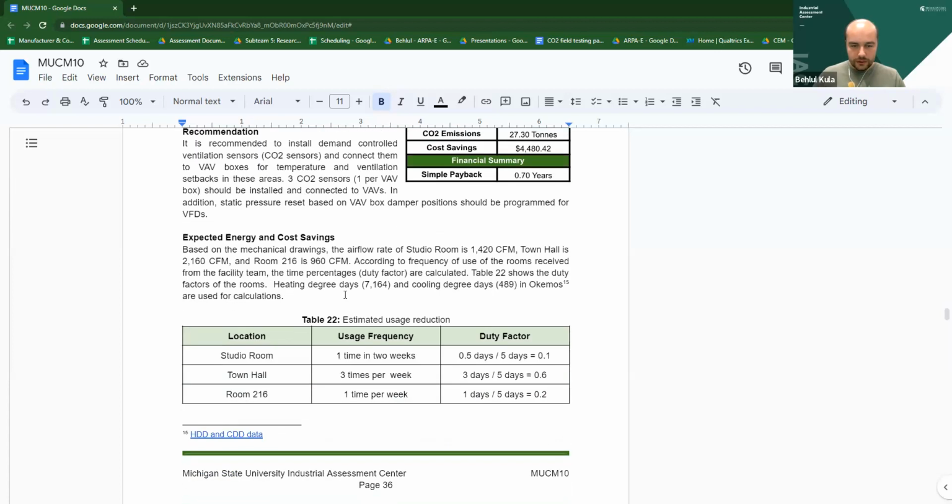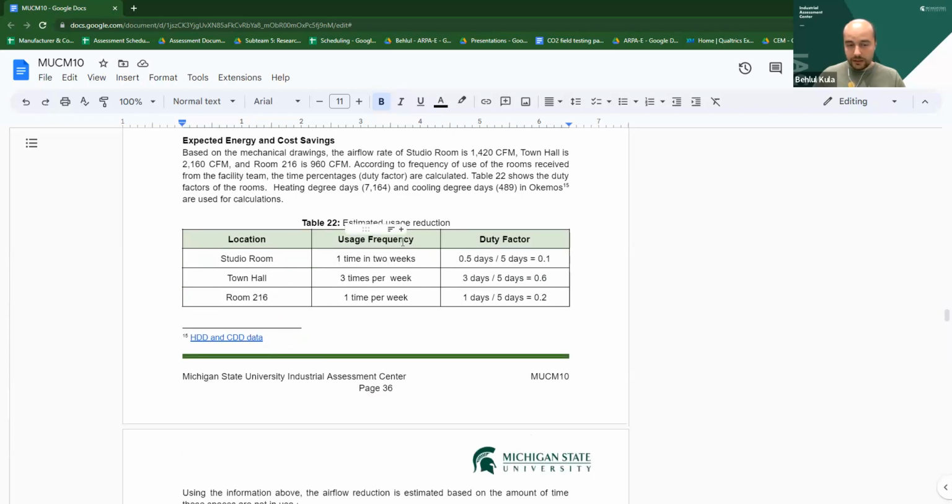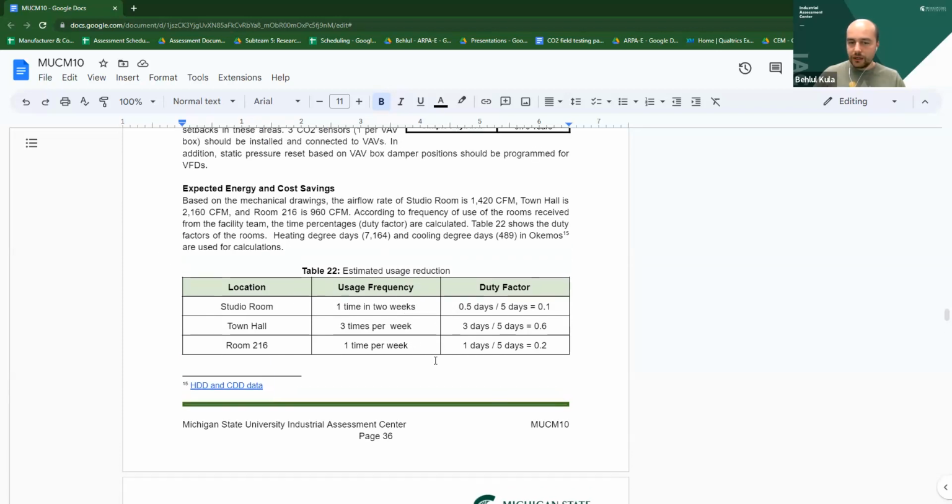And here, we made some assumptions according to our discussions. We assumed the usage frequency of those rooms, and we calculated how much energy is consumed normally and what the proposed consumption is, and we found the differences to find the savings.